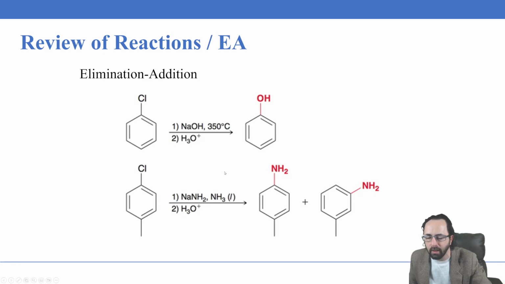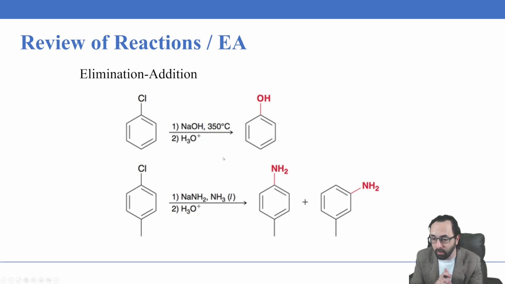However, if we don't have those conditions, for example, we have an electron donating group, or we have no electron withdrawing group at all, but we do have a strong base such as hydroxide or amide, then we will have an elimination-addition reaction. An important note is that the elimination-addition reaction will install groups both at the same position as the leaving group and ortho to the leaving group. And that summarizes all of the reactions for this chapter, chapter 18, with substitution reactions for benzene rings.